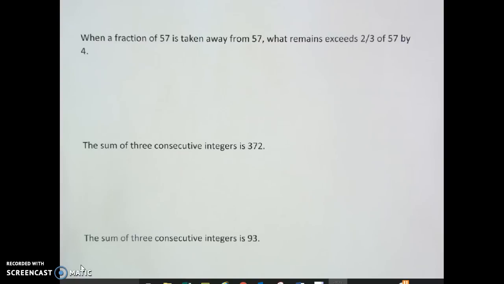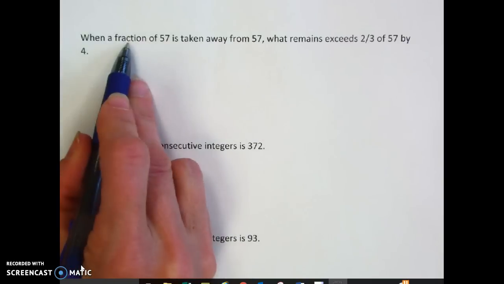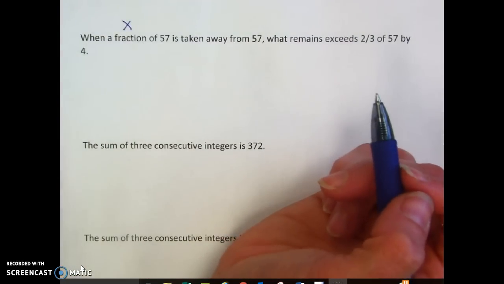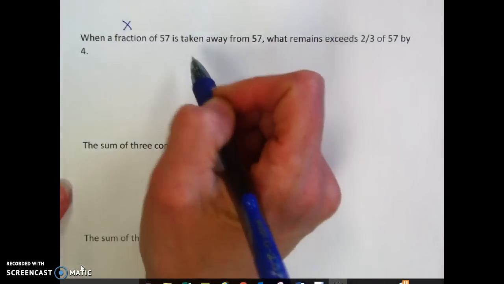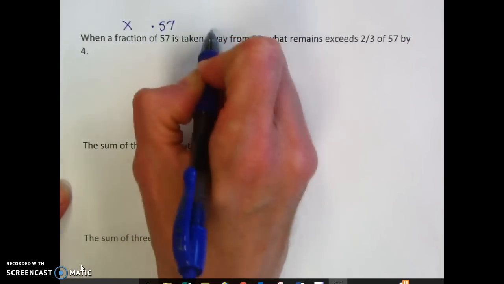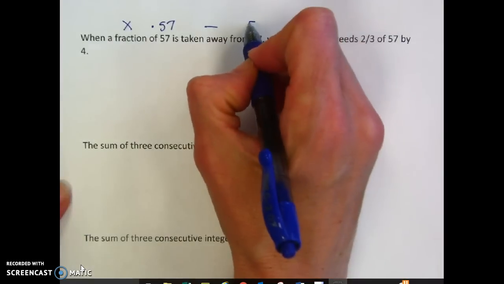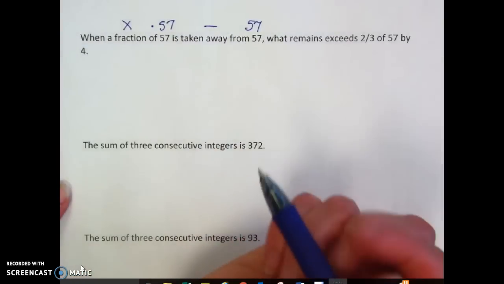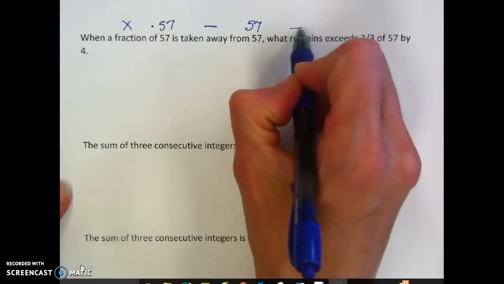When a fraction of 57 is taken away from 57, what remains exceeds 2/3 of 57 by 4. Ugh. Okay, so fraction, that's our missing thing, so I'm going to call it F. If you want to call it F so you remember it's supposed to be a fraction, you could, but any variable will do. Of means times 57, is taken away from, that's our subtraction, taken away from 57. Now again, this is taken away from 57, so we're switching the order there. What remains is our equal sign.